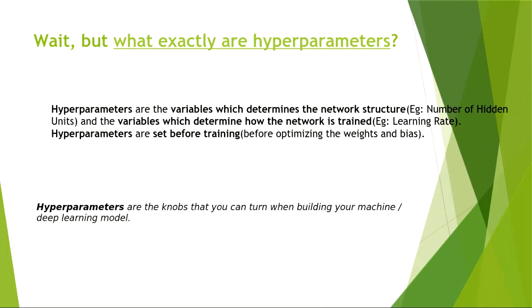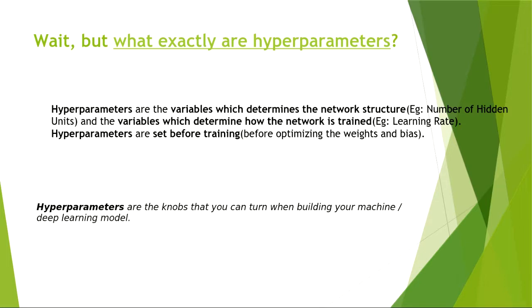If you don't set up these knobs, how would you be making a model? And if I say, cook rice, cook dal or any kind of dish, then you have to set up the knob: when I need to give it more flame, when the flame should be low, because that is what you are trying to do, the modeling with your food.